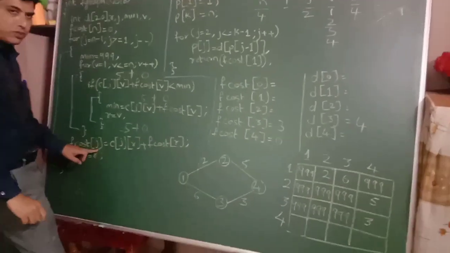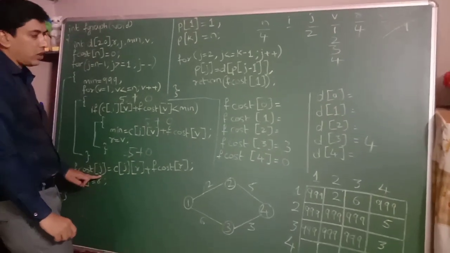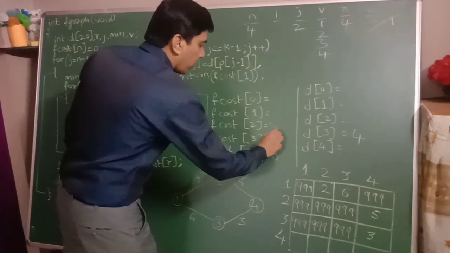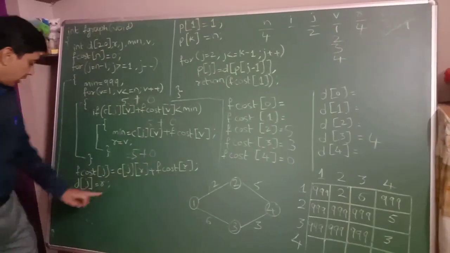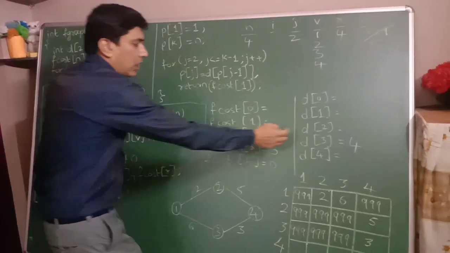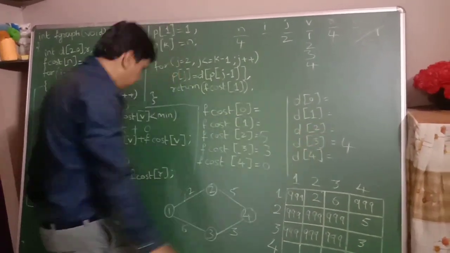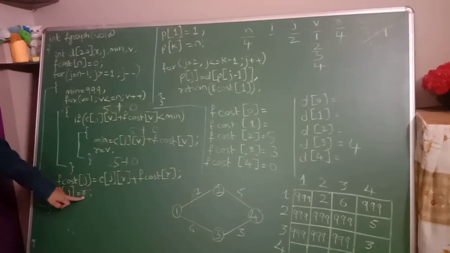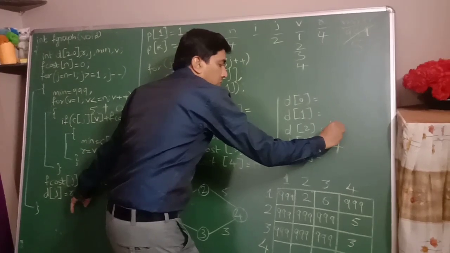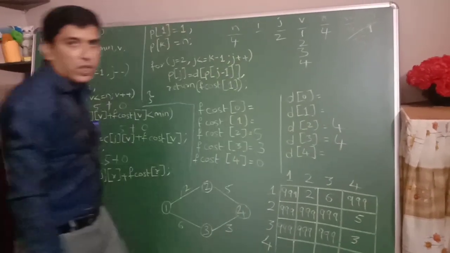So f cost of 2 is initialized to 5. Afterwards d of j, that is d of 2, because j value here is 2, is equal to r value, which is 4. So this 4 is initialized to d of 2.